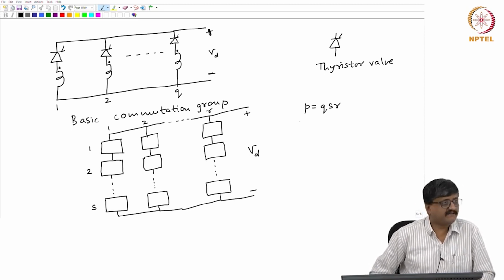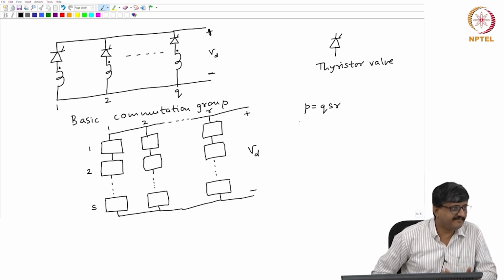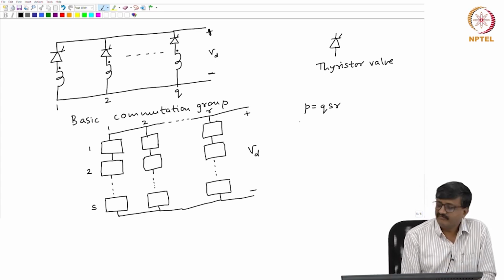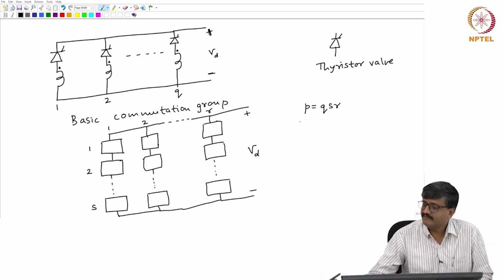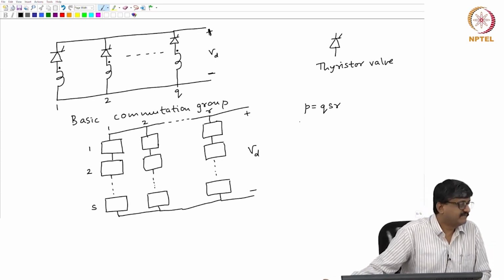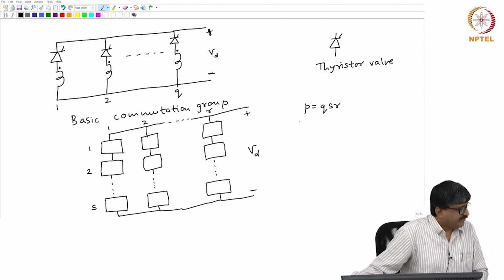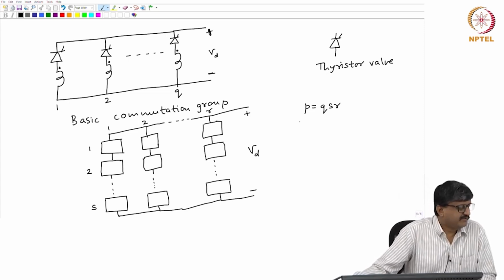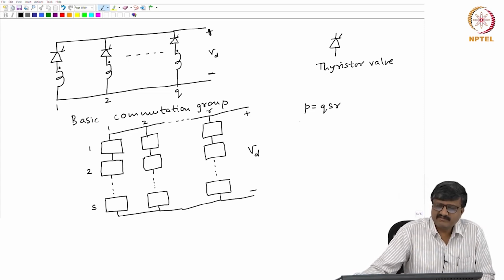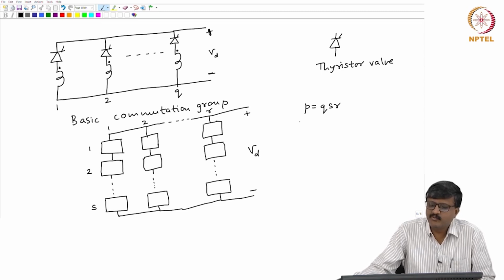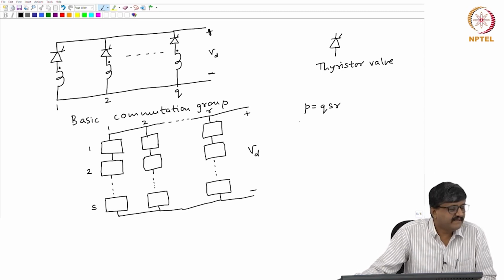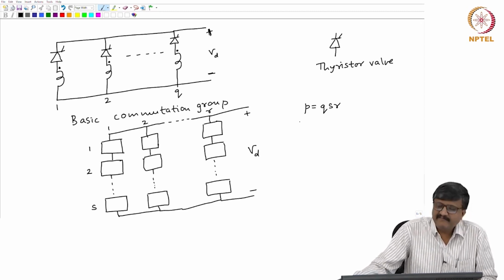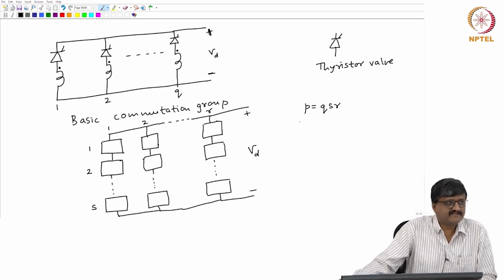Of course, a larger value of P is good, but for a given value of P, are there some values of Q, R and S which are better than others in some way? That is what one has to do. So, we will now select Q, R and S for a given value of P, and in the process we will also select P. We will also get some restrictions on P.